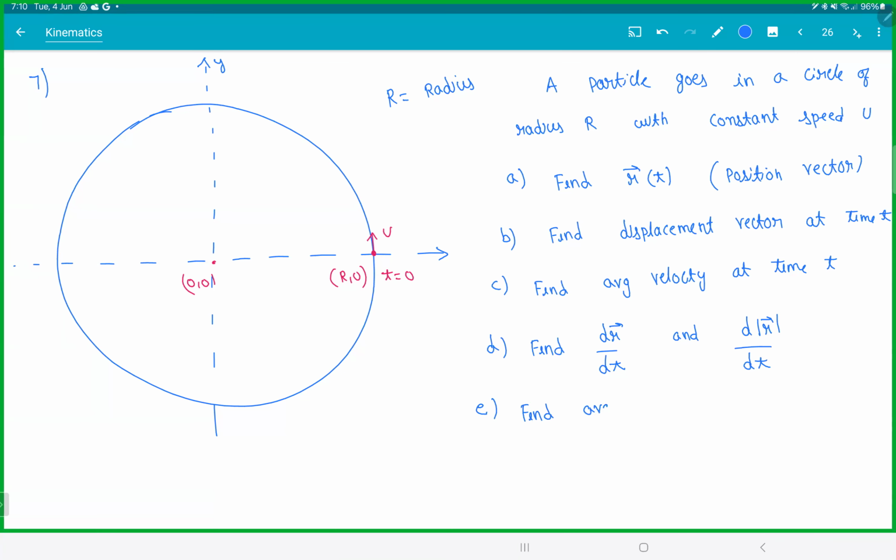Find average acceleration. This question will literally cover everything at time t. Find dv bar by dt and d mod v bar by dt. So that mod will mess up the whole thing.